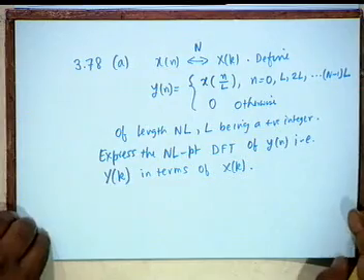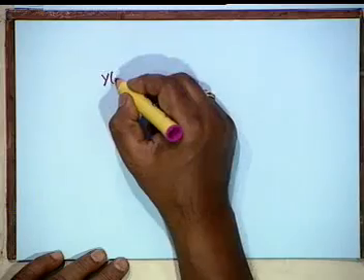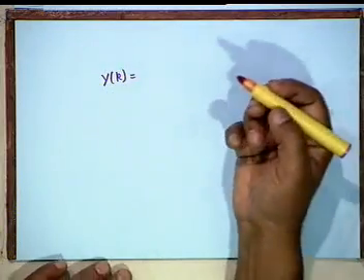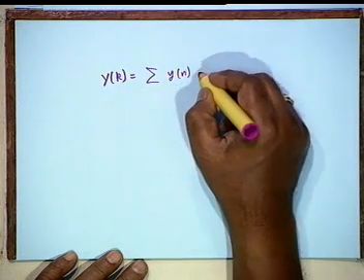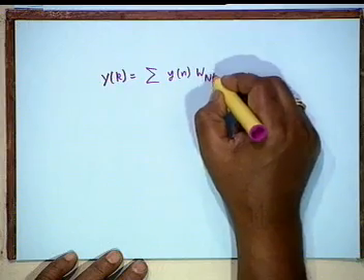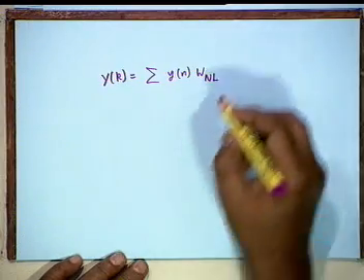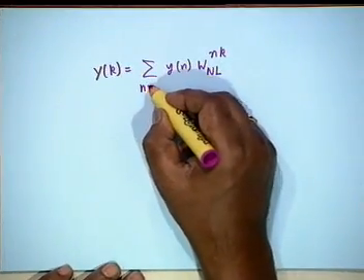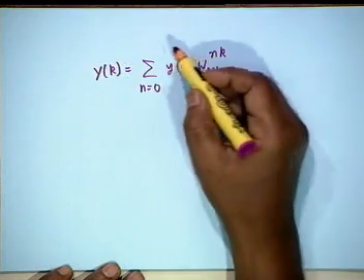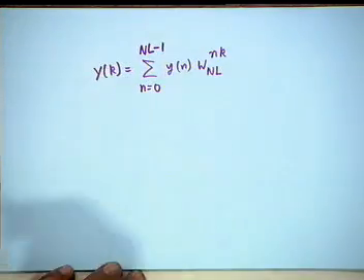Now, we start from the definition of the DFT: Y of k is equal to summation y of n, W NL, NL point, raised to the power nk, where small n is 0 to NL minus 1, right.